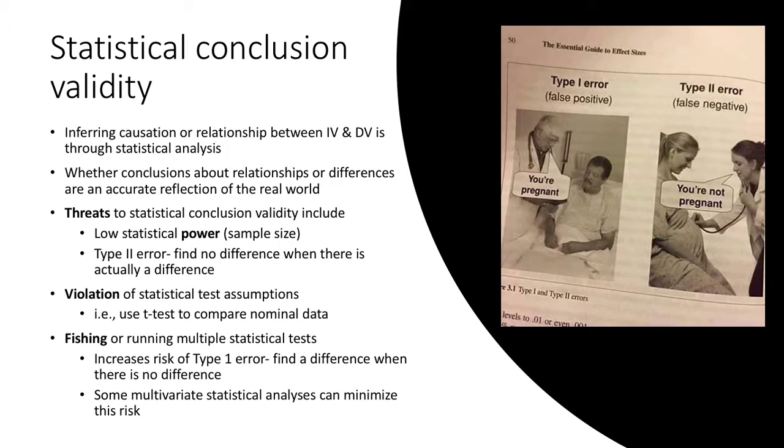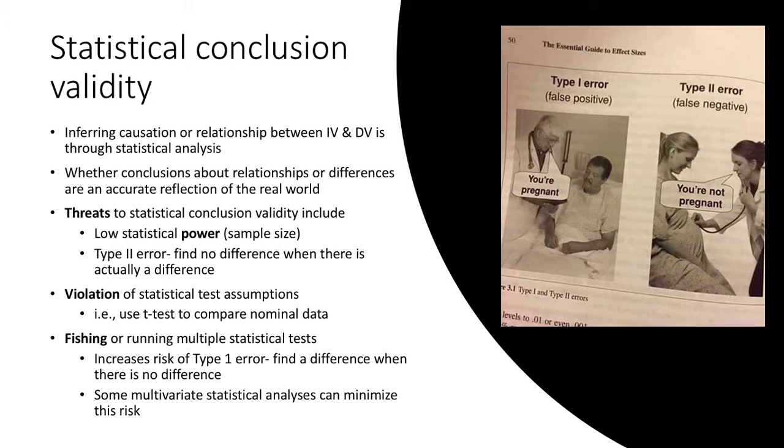when we're inferring causation or relationships between independent and dependent variables, we do that through statistical analysis, and that's certainly one of our goals of this course for you all: to have a greater understanding and appreciation for the various statistical analyses or techniques which are reported in the literature that you're going to read and appraise.